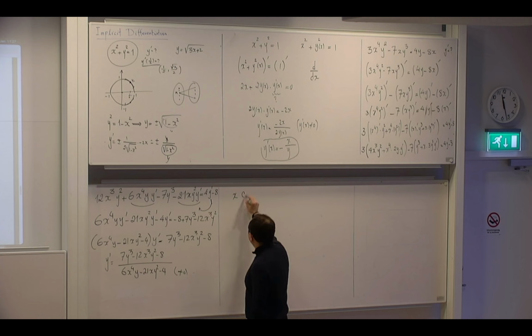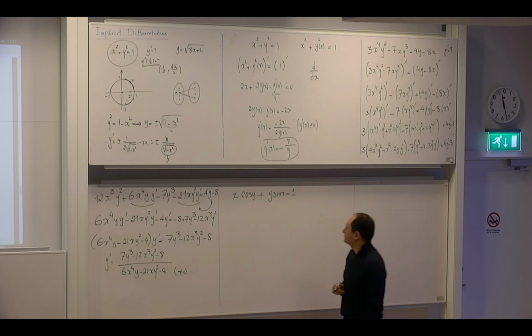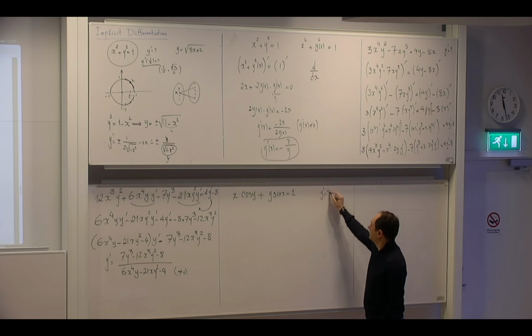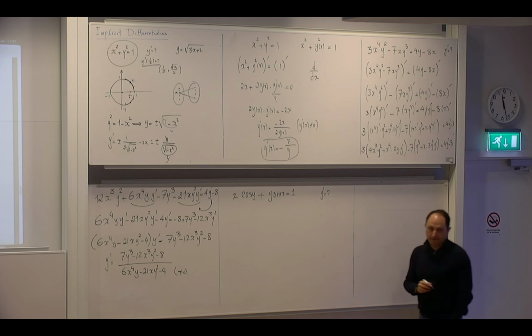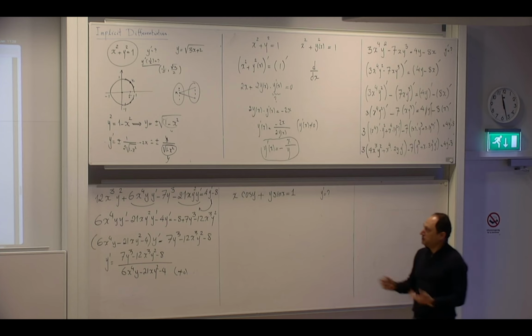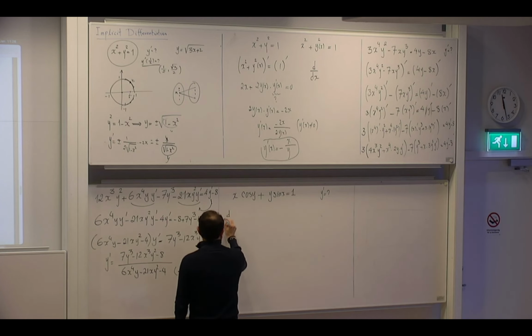x cosine y plus y sine x equals 1. I want to find y prime. Okay, so if you don't mind, let me change my notation so that you also get used to both. So what I do first, I differentiate with respect to x.